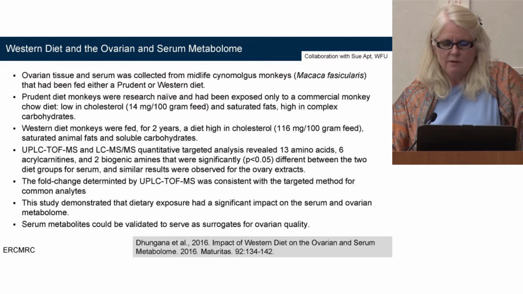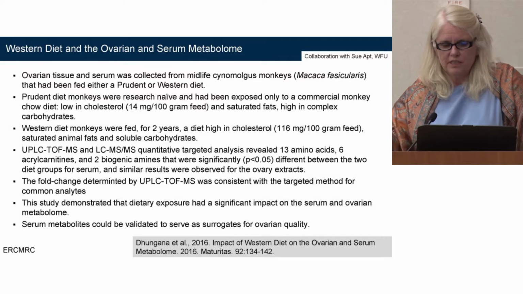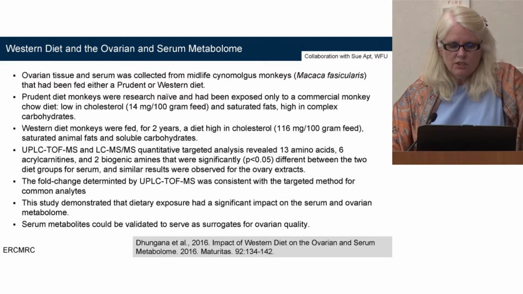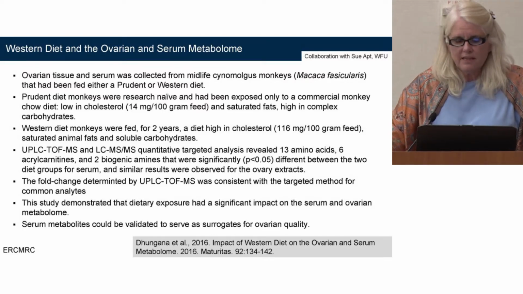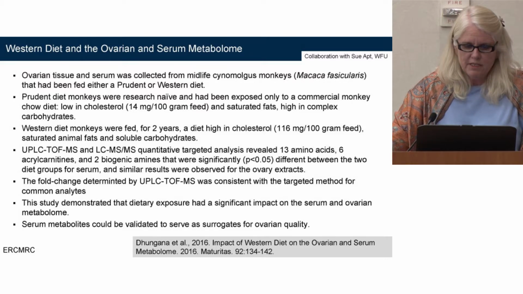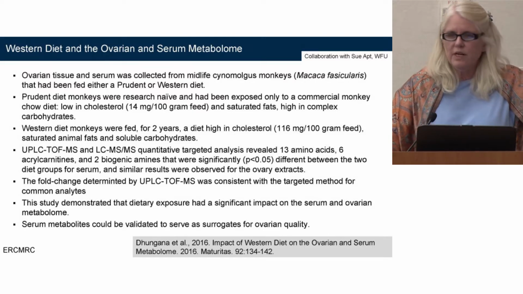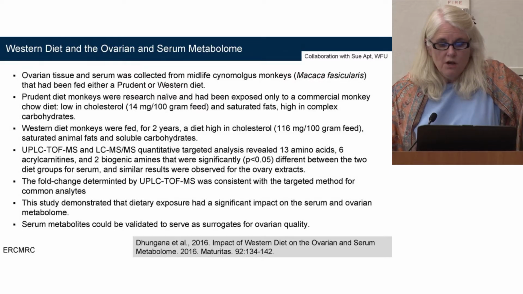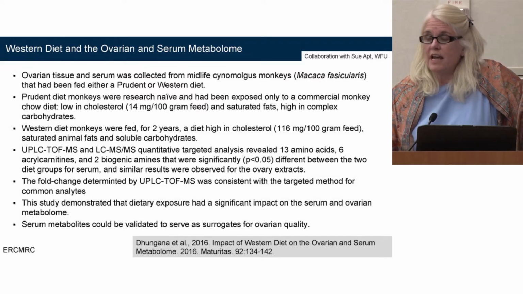The Western diet was high in cholesterol and saturated fats, and the prudent diet, of course, was low in those. We did both targeted methods and broad spectrum metabolomics, and were able to find perturbations in amino acids, acylcarnitines, and biogenic amines that were significantly different between these two diet groups for serum and for the ovary extracts.